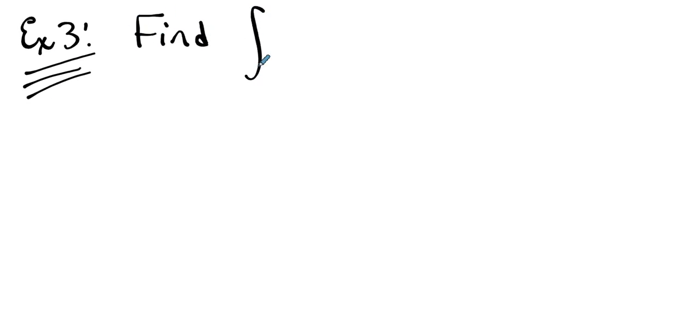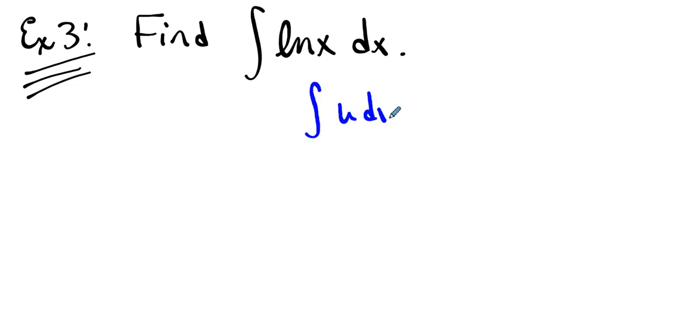And in example 3, we ask for the integral of ln of x. And I know what you're thinking. You're thinking the formula says integral of u dv is uv minus integral v du. But there's no u dv thing here.